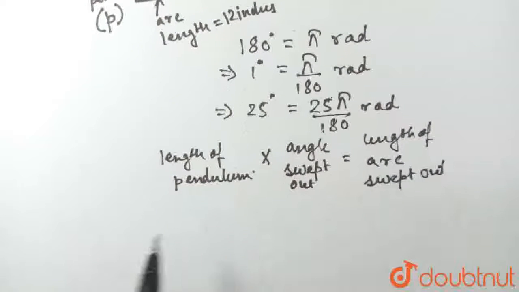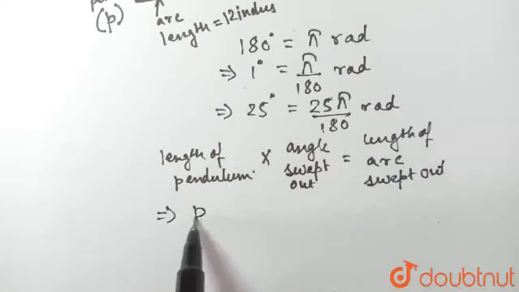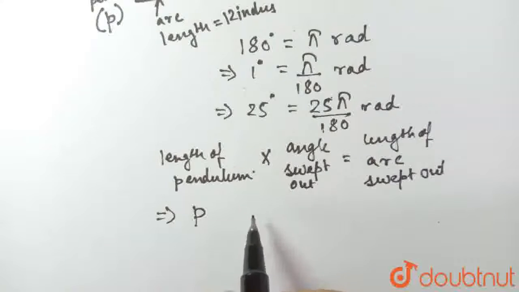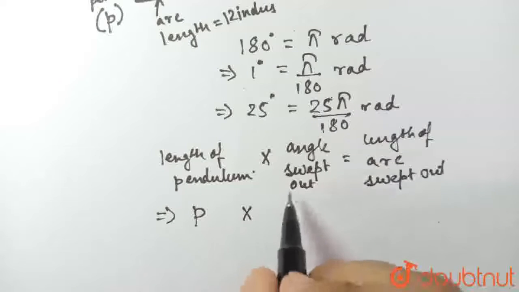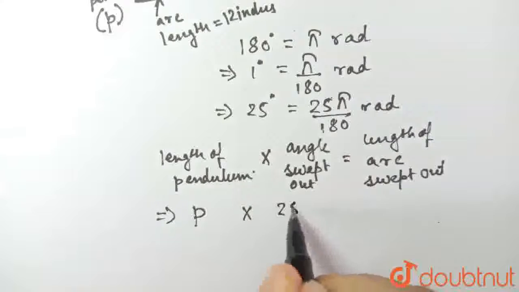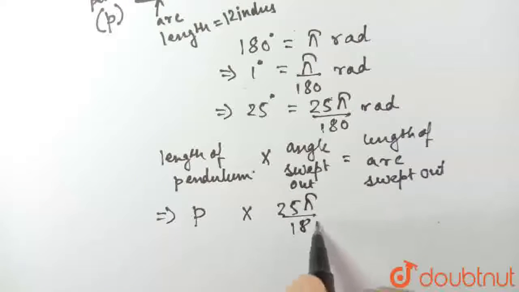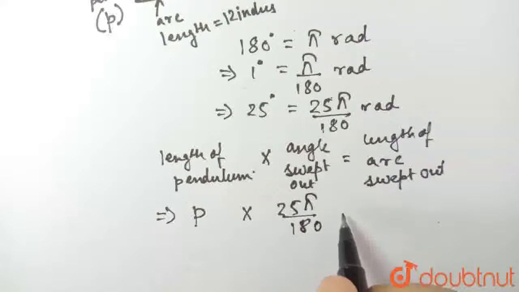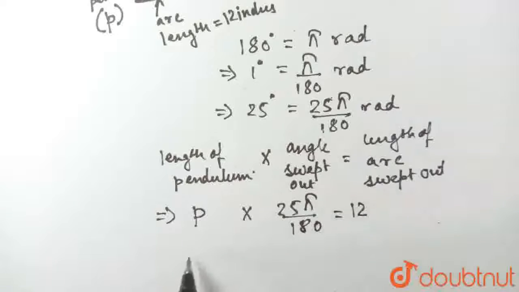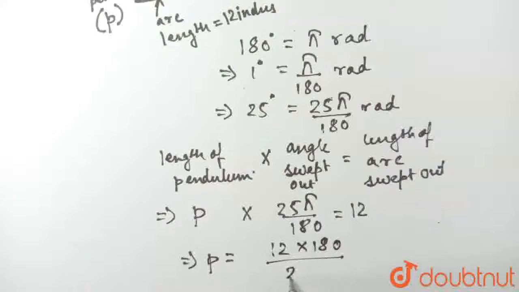Now length of pendulum we have taken it to be P. Angle swept out is in radians, so equals 25 pi by 180 and length of arc swept out is given to be 12 inches. So P equals to 12 into 180 by 25 pi.